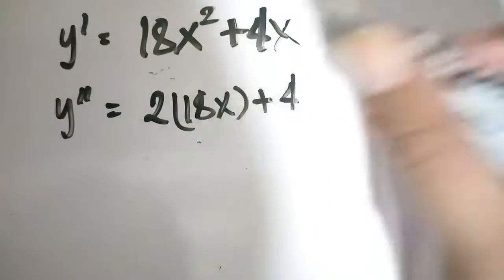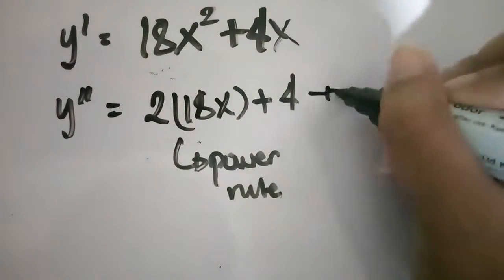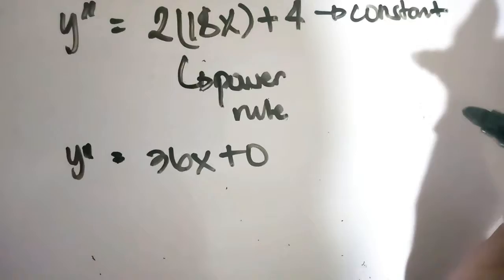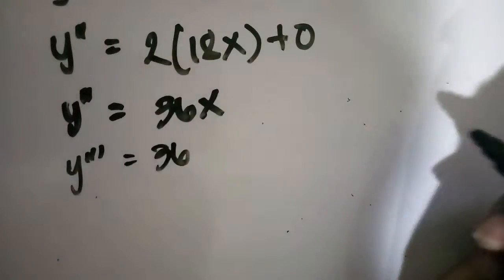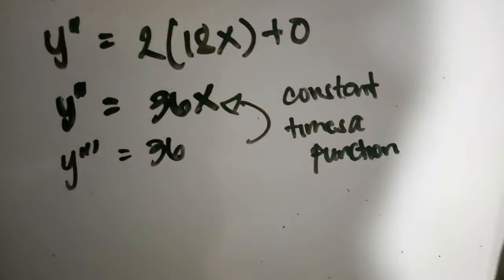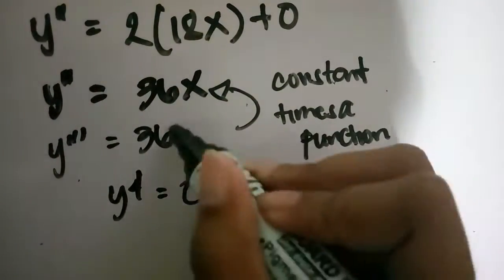Getting the second derivative, we'll use the product of the first function, making it our second function. By using the power rule, we get 36x as the answer. Applying the constant rule for our third derivative, we get 36. And lastly, 0 is the result for the fourth derivative.